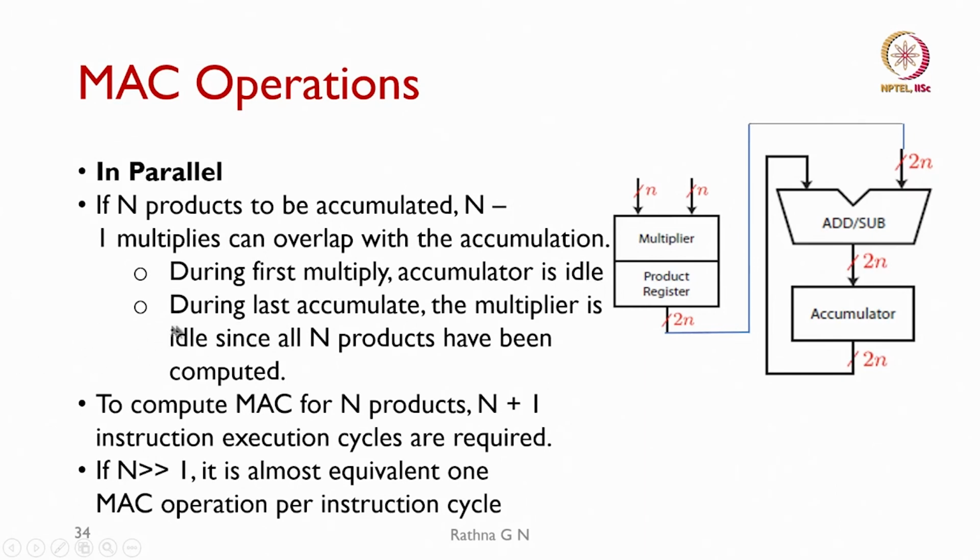From the next clock onwards, we can do the things in parallel, and in the last clock cycle, because one value is left to be added, the accumulator will be adding the last product. So, to compute MAC for n products, we need n plus 1 instruction execution cycles. If n is much greater than 1, it is almost equivalent to n, and then we say that we get one MAC operation per instruction cycle instead of n plus 1.